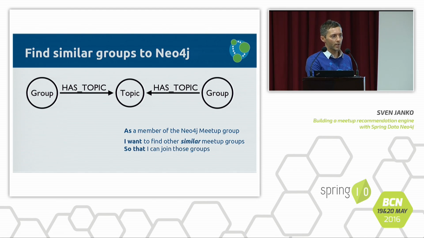Again, a group is connected to the topic. So we have our group, which is connected to a topic, and then we have some other group or other groups that are also connected to the very same topic. And that's what we are interested in. We're interested in this group here.